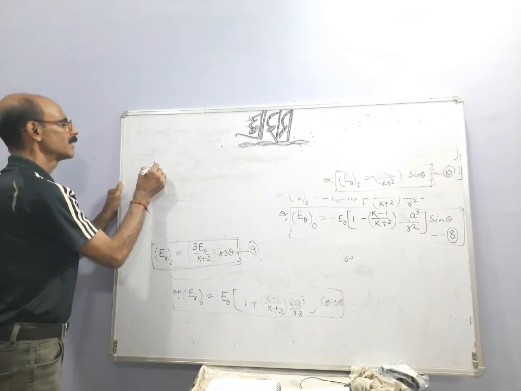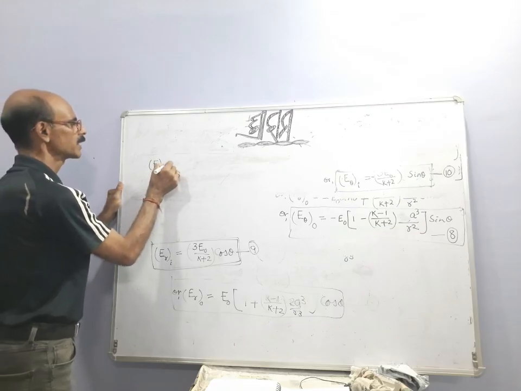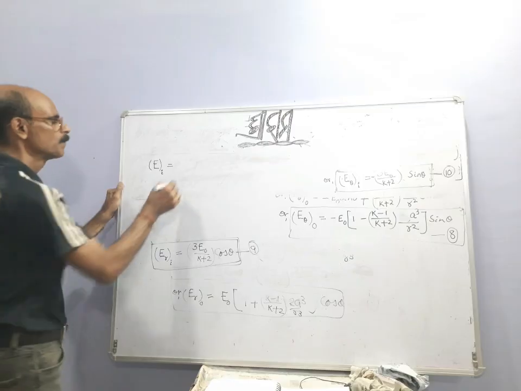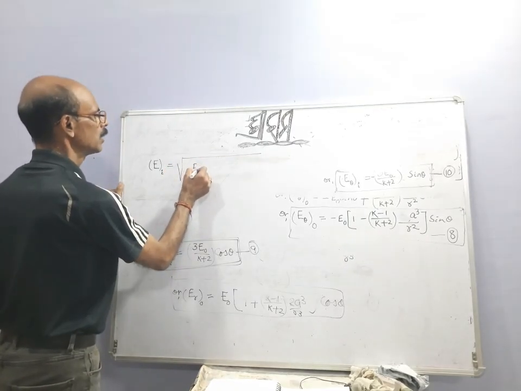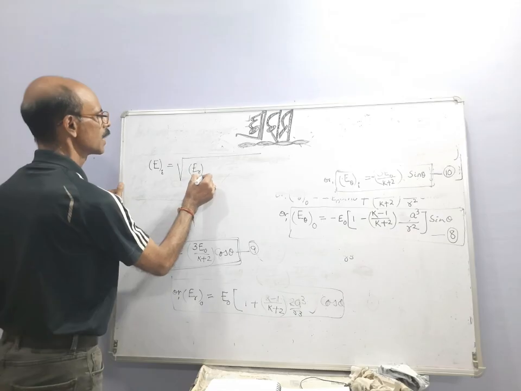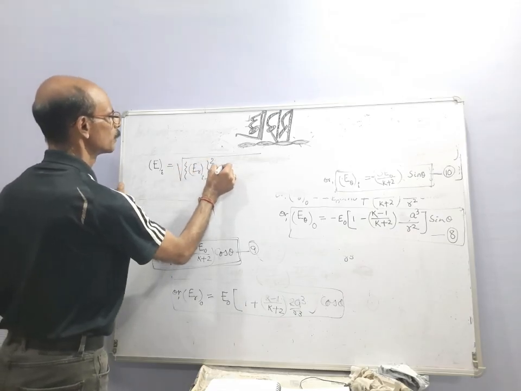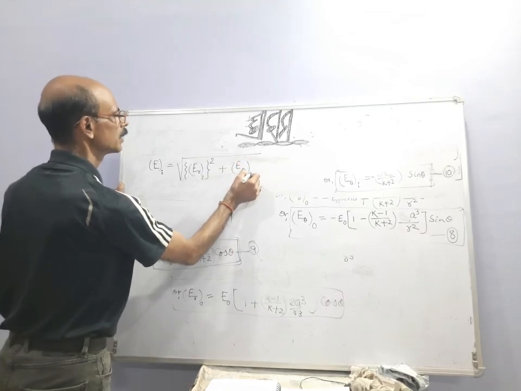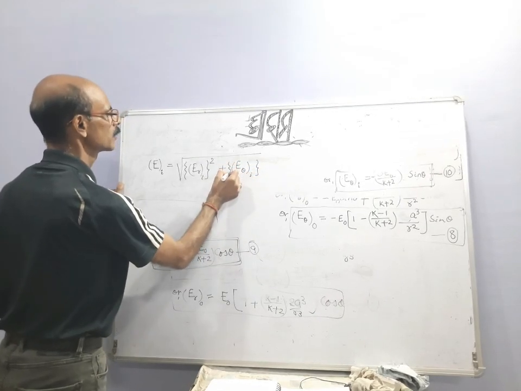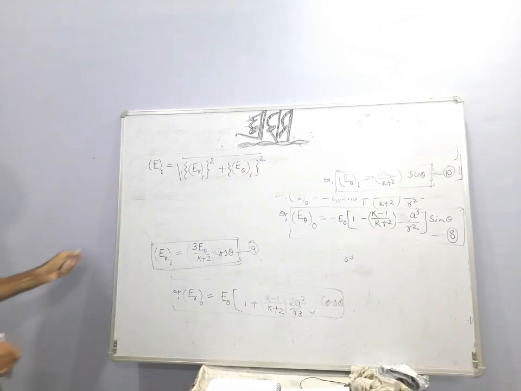So the resultant electric field inside the sphere is root over of ER inside square plus E theta inside square.